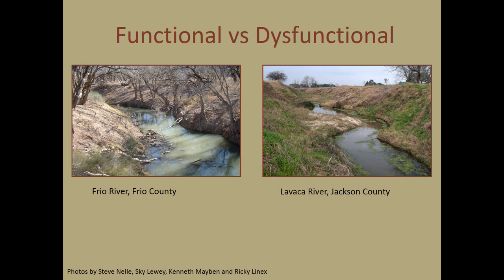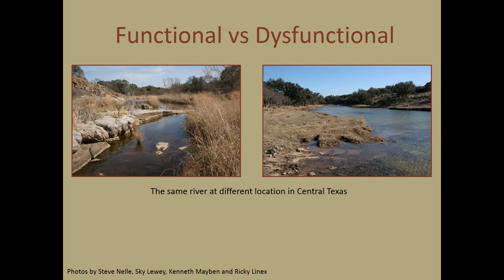Look carefully here. The riparian area on the left is functional and the riparian area on the right is not. Here you can see functional and dysfunctional areas on the very same creek where management can be seen making a difference.